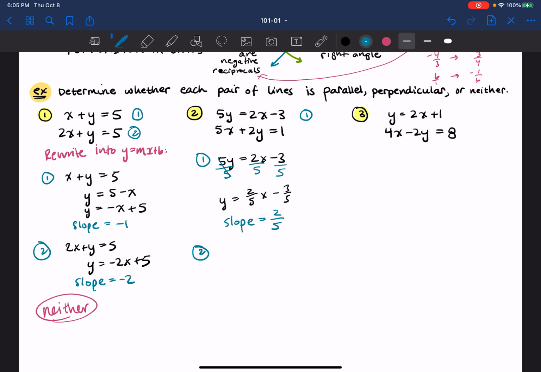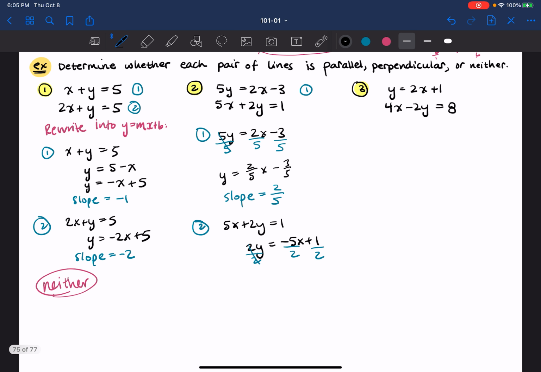All right, let's look at our second line here. We've got 5x plus 2y equals 1. Let's solve for y. We'll subtract the 5x over, so we'll get 2y equals negative 5x plus 1. And then divide everything by 2, so both things on the right-hand side get divided by 2.